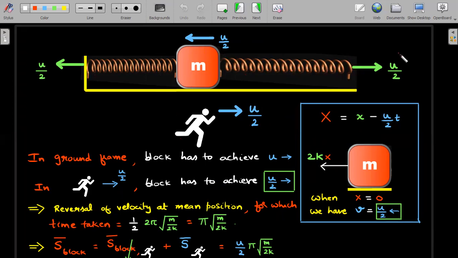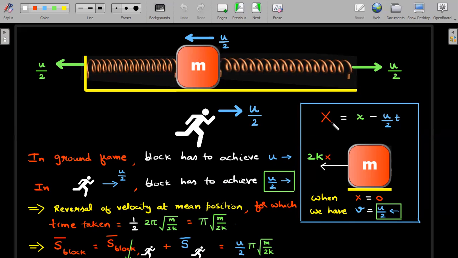Remember, the ground observer sees it moving by u, and an observer moving towards the right would see it move towards the right by u by 2. And the left end, which is actually fixed, seems to be moving backward with u by 2. Not only that, the block which was initially at rest would be seen by this observer as having an initial velocity towards the left of u by 2. So this is the initial picture he will see.